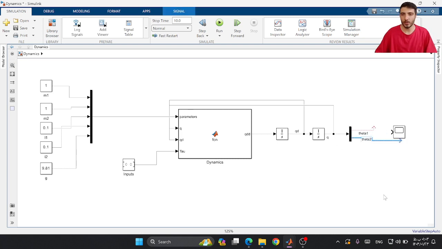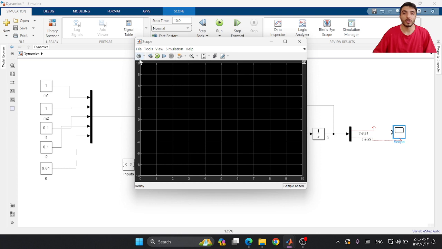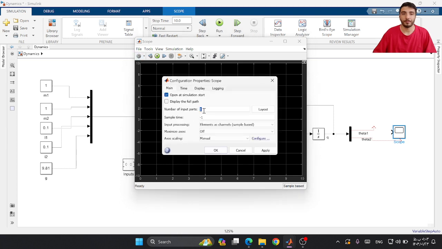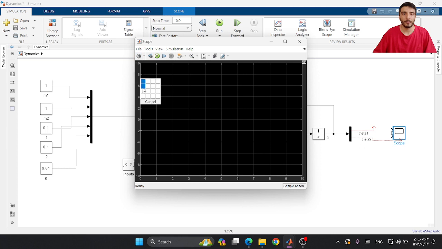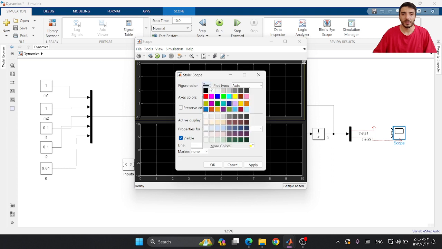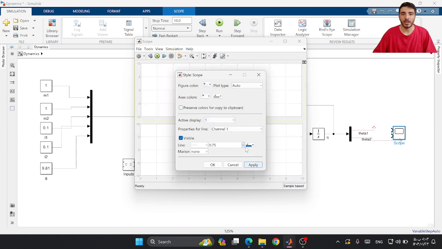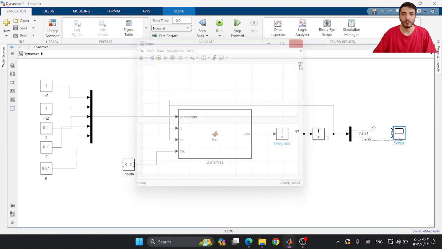Also, we can extract theta dot 1 and theta dot 2, but I want to just show and demonstrate just the angles of our robotic arm. Let's change some appearance settings here. Okay, that's enough.